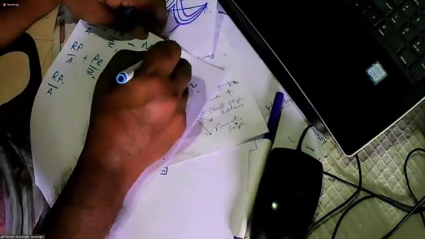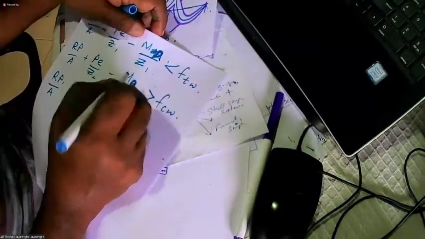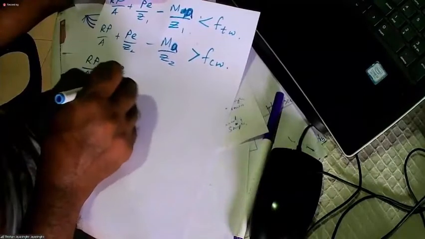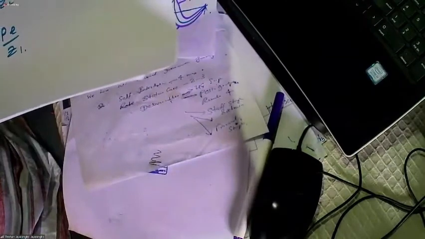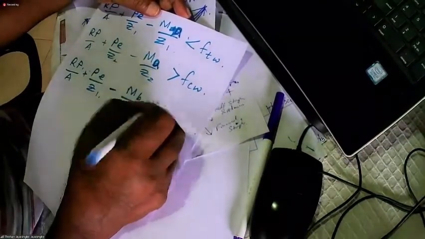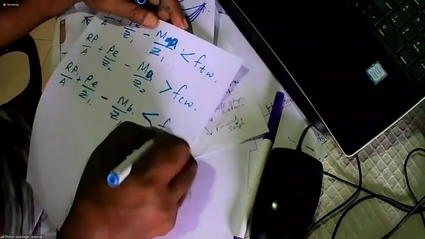This is the maximum moment. Maximum moment will cause compression at top fiber: minus MB over Z1 should be less than F compression at working.